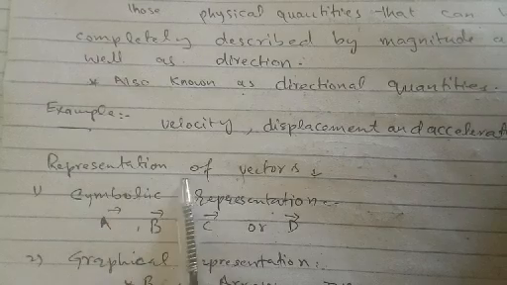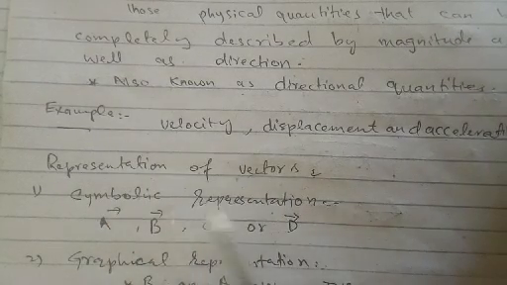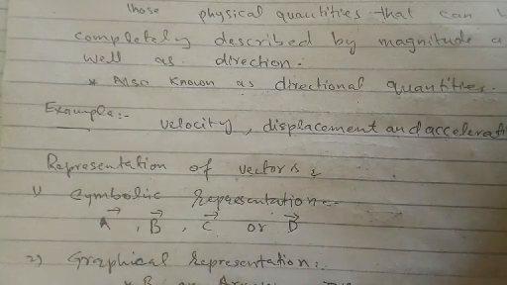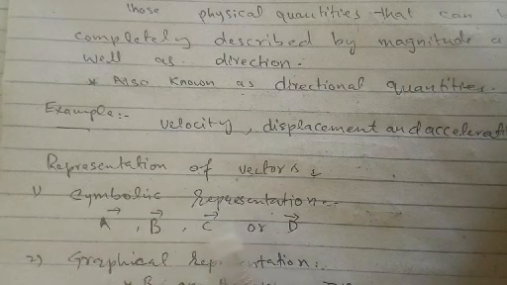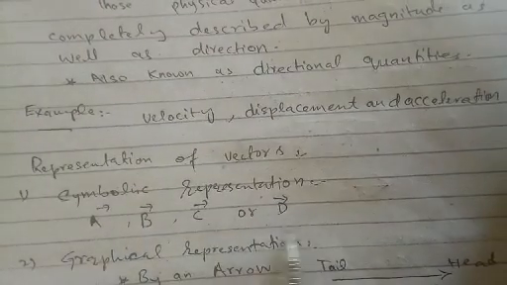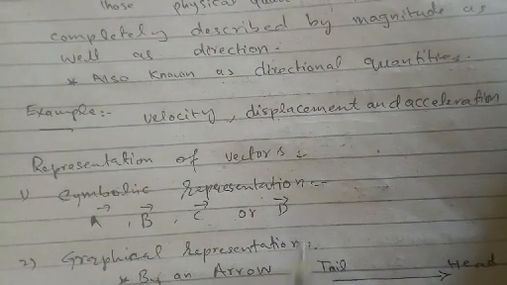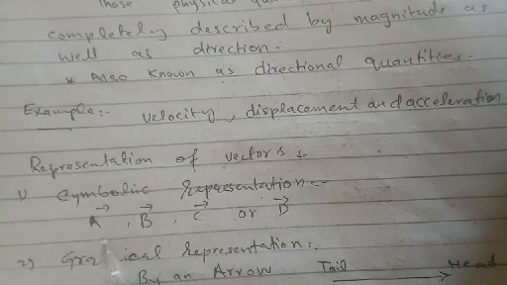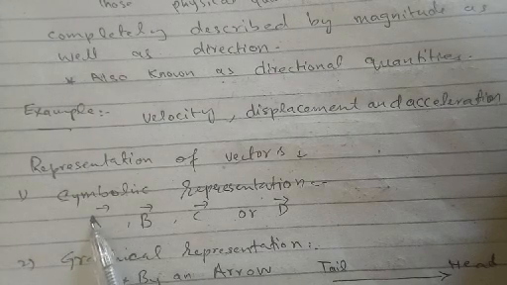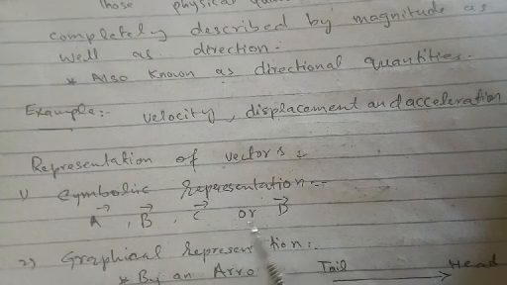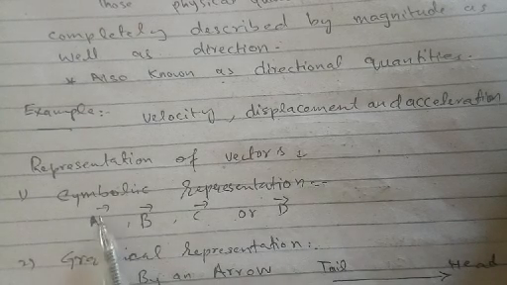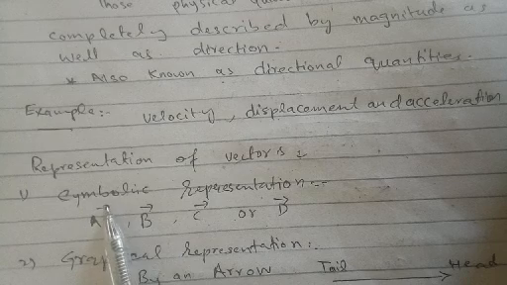The next topic is representation of vectors. How can we represent a vector quantity? First is symbolic representation. We can represent a vector with a simple symbol, a capital letter A, B, C or D, with an arrow over it.